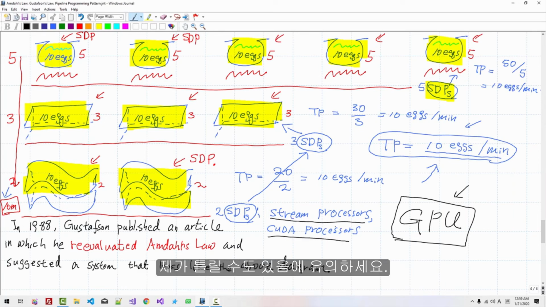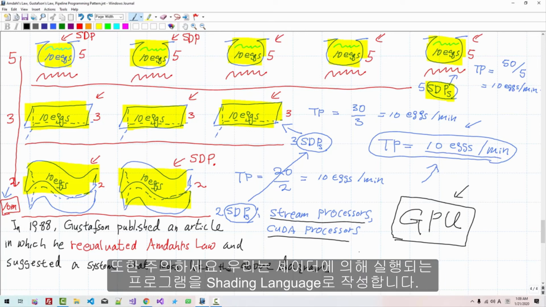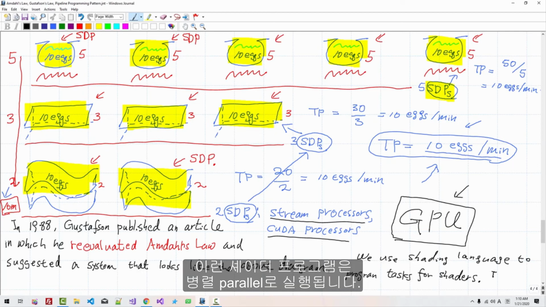Please note that I could be wrong. Also note that we use a shading language to program tasks for shaders. These shader programs run in parallel.